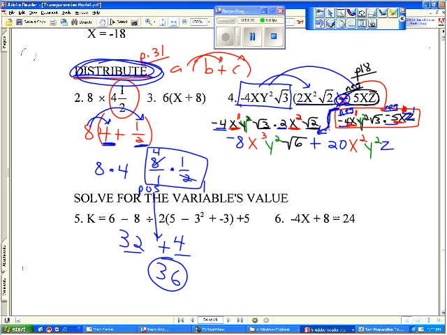Z didn't have a partner, so we cram it on. The radical square root of 3 didn't have a partner, so we cram it on. My operation now is addition. You cannot add those two because they're not like terms. So that's it. We simplified the expression by combining like terms.